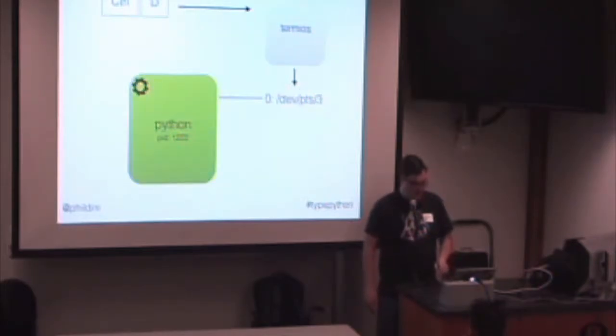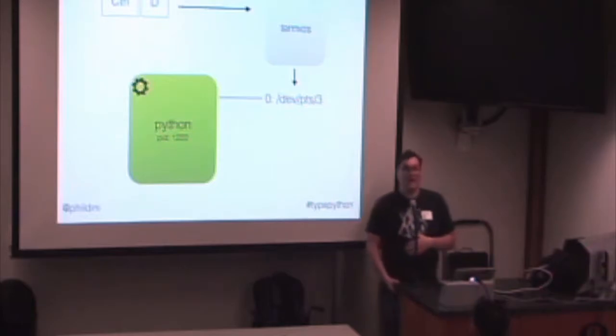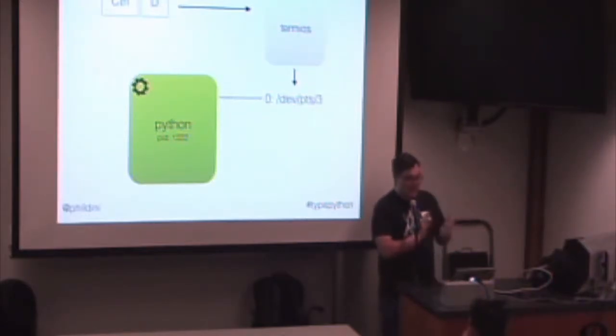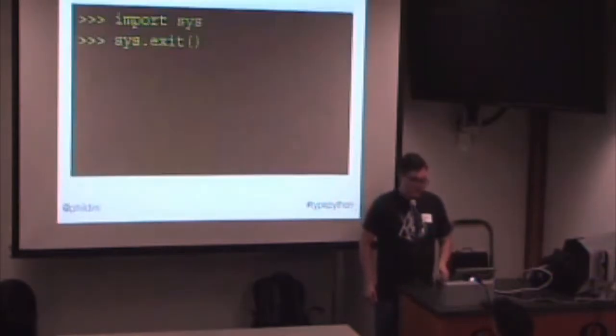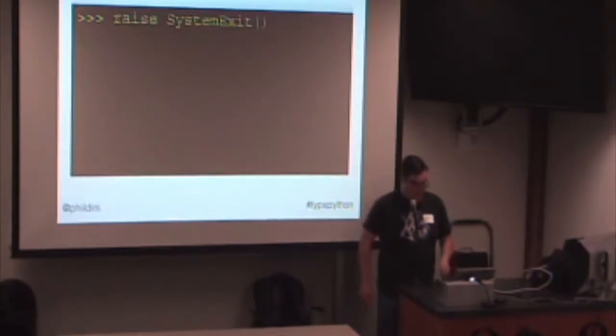For Python, it catches Control-D and says, aha, that means that the user is done with me and I can exit. There are 3 ways to exit Python, and they all kind of do the same thing. So one is Control-D, which is the equivalent of doing import sys and sys.exit, which is the equivalent of raising SystemExit.